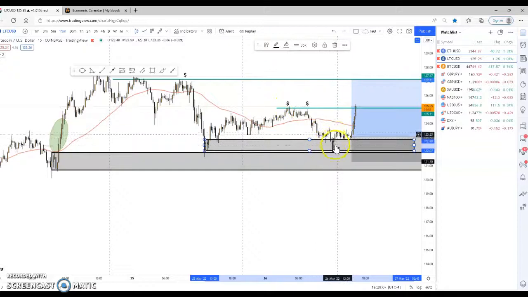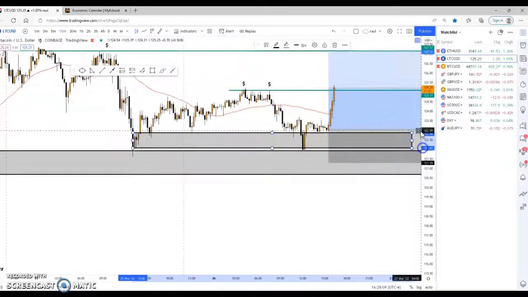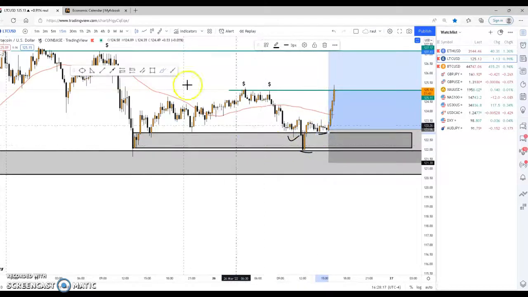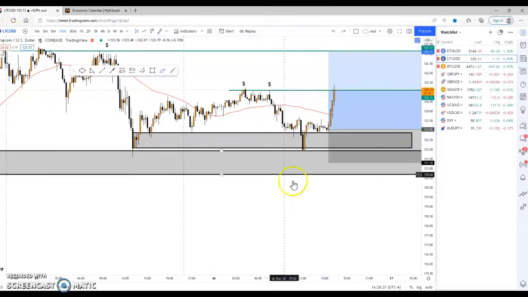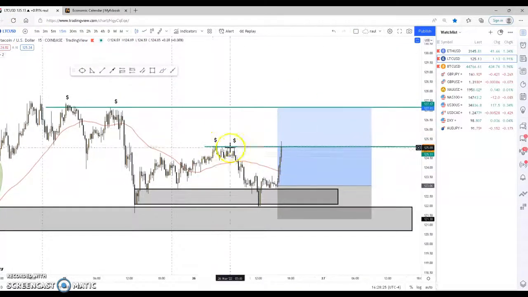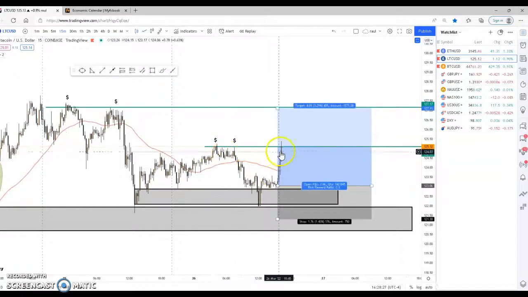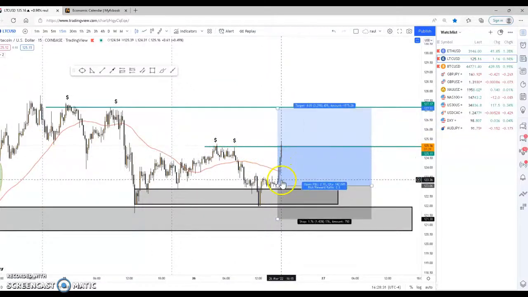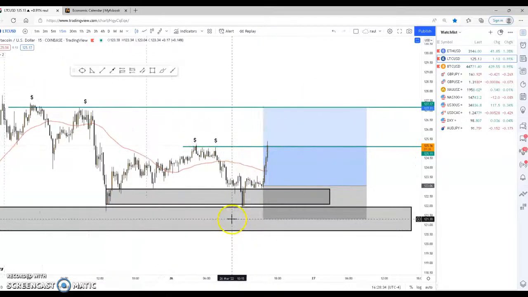You can see we tested into it again, formed what I guess this is called a quasi, where you have this shoulder, head, shoulder. It's pretty much like a retail head and shoulders, but with different logic behind it. So we took off there. We just broke this double top liquidity. So we're either going to keep running up here, or we could pull back to fill some of these inefficiencies, then run up here.